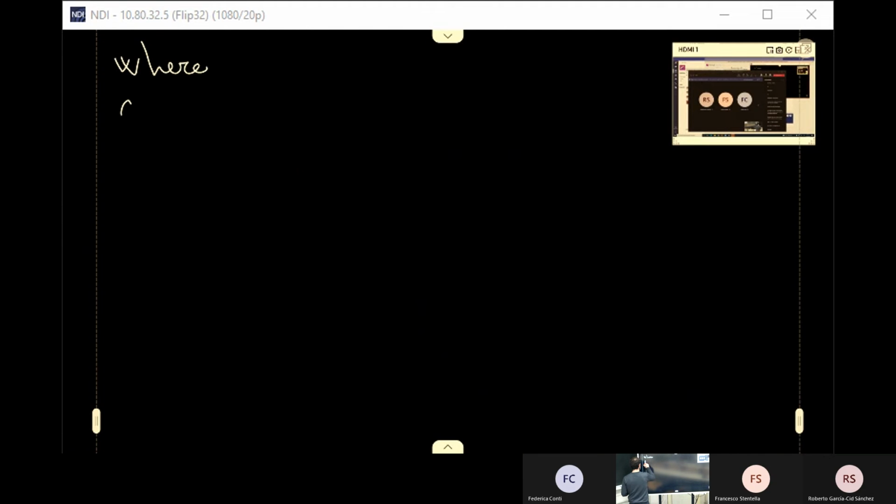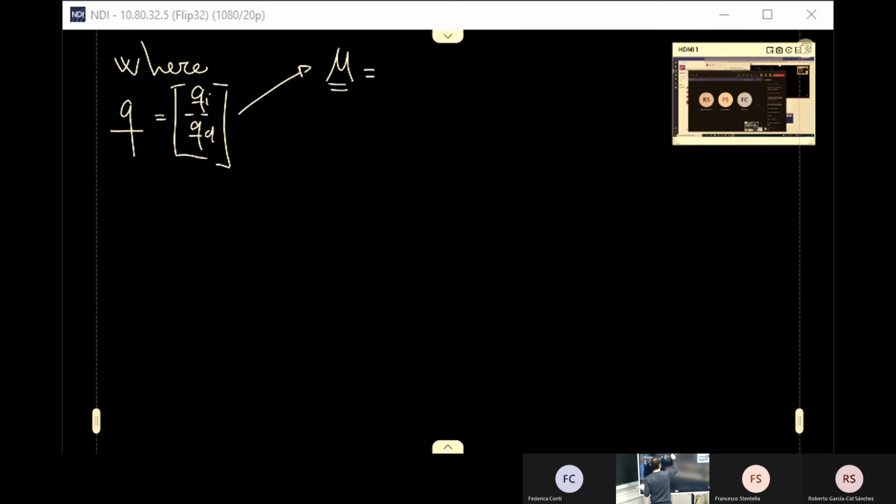Where? So from here, this follows, right? From this, you have that our M gets split into 4, no?